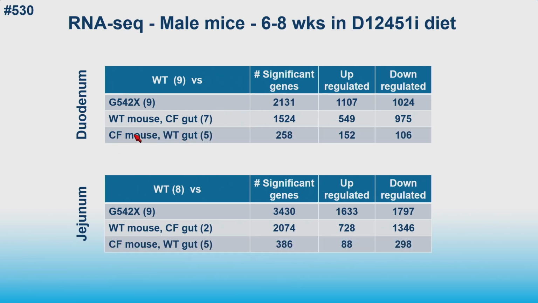The mouse that is a CF mouse, but whose intestine was wild type, has very few genes significantly different between wild type and CF. So taking CFTR out, either in a whole CF mouse or by disrupting it just in the intestinal epithelia, produces a lot of gene expression differences between wild type and CF.